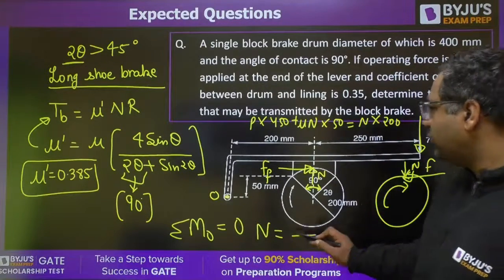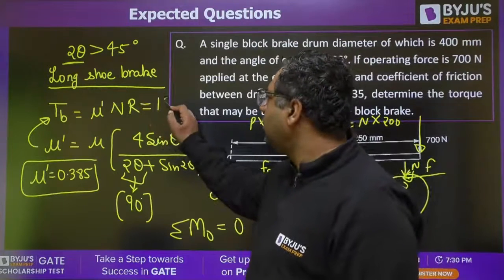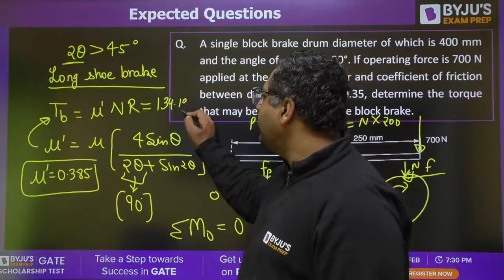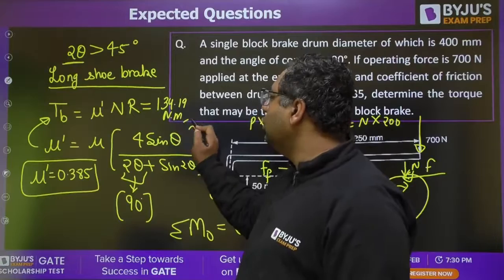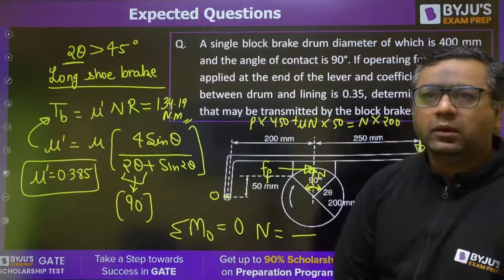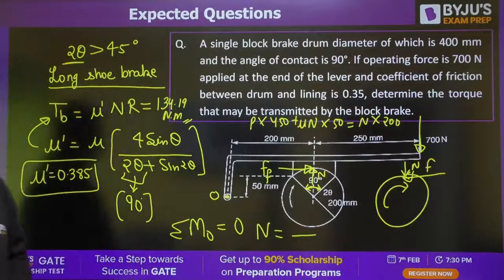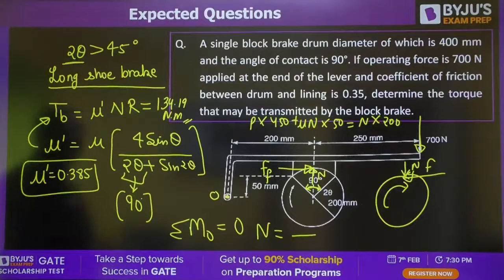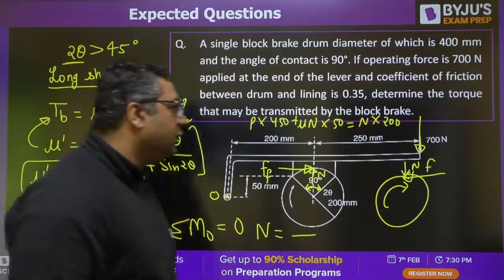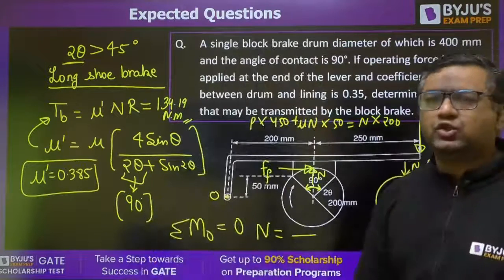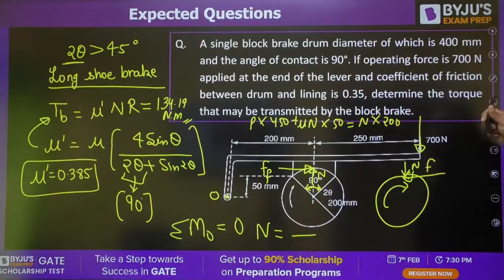So the answer is 134.19 Newton meter. Yes, great, great. So guys, I feel you understood something new. Yes, you are correct, Ramesh Mohan. The answer is correct. So guys, moving to the next question.